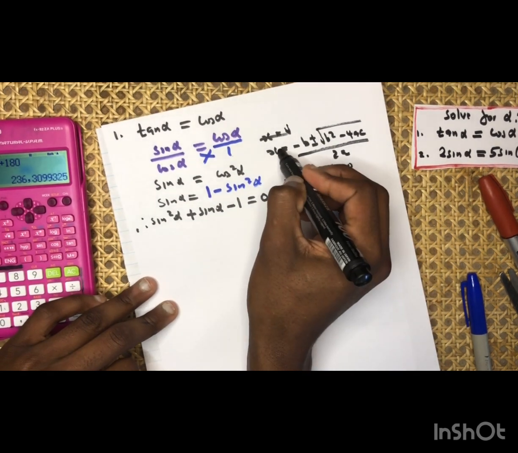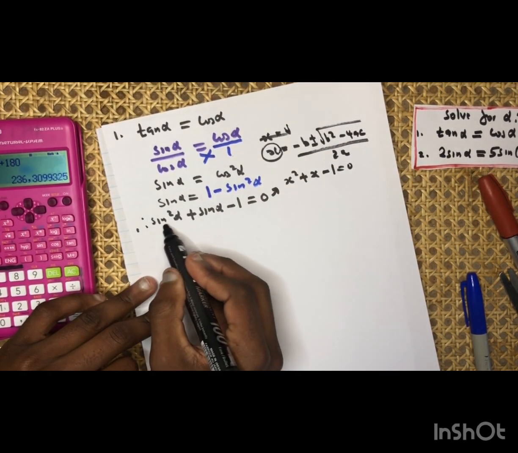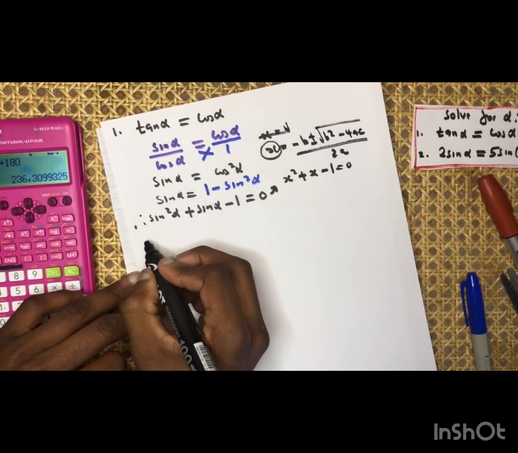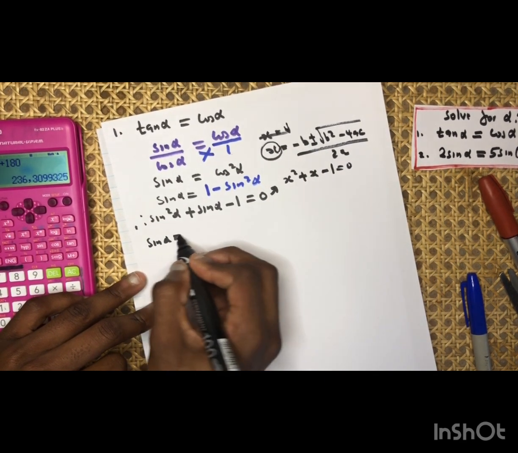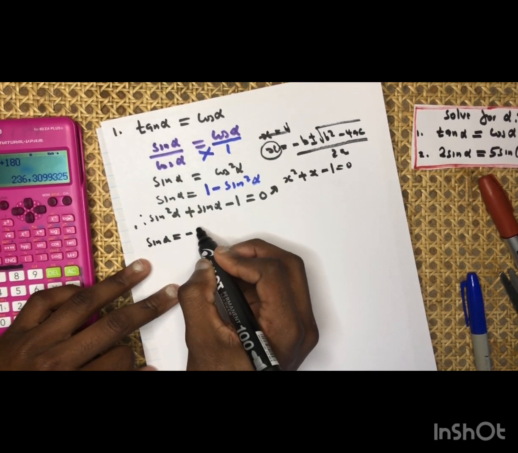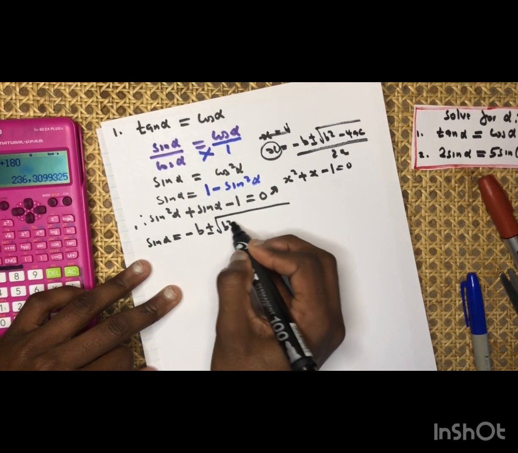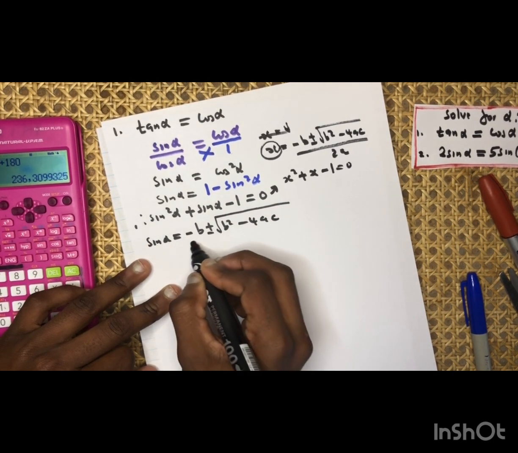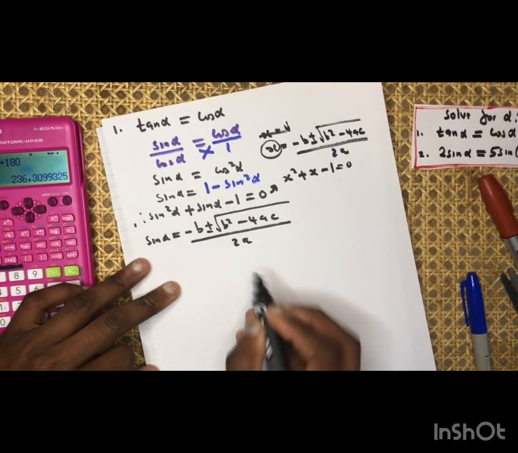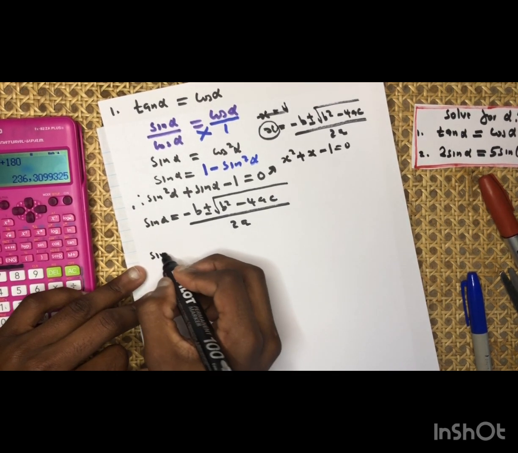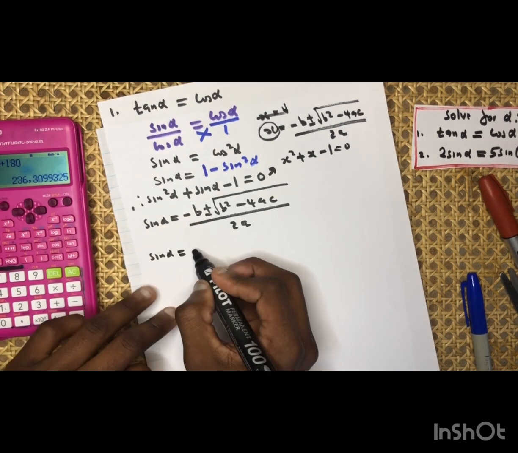In this case, guys, we are not solving for x now. I'm solving for sine alpha. So in place of x, I'm going to put sine alpha. So this is sine alpha equals negative b plus or minus the square root of b squared minus 4ac, over 2a. Since we are doing grade 12, there's no mark for the formula, guys. So this one is going to be negative.